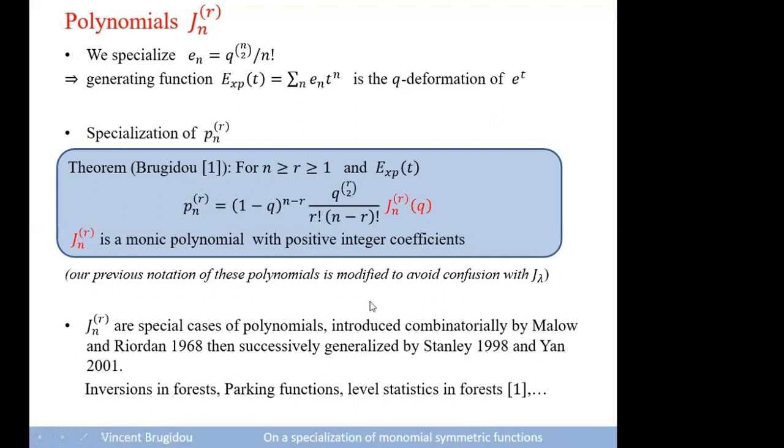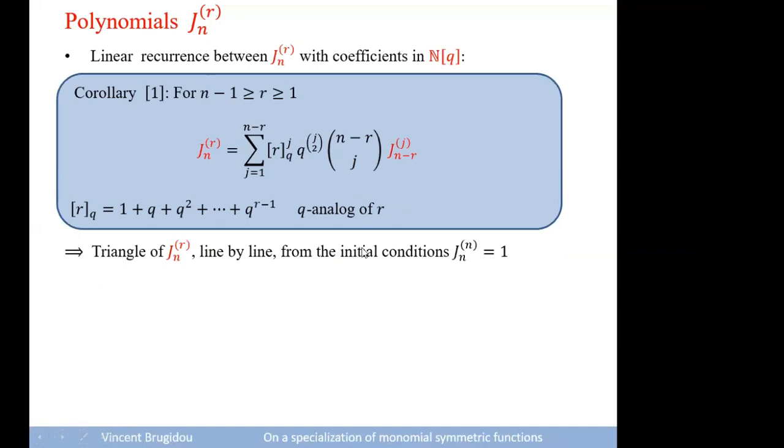In fact, the G and R are special cases of polynomials which are enumerators of inversions in forest sequences. Between the G and R, we prove this linear recurrence.